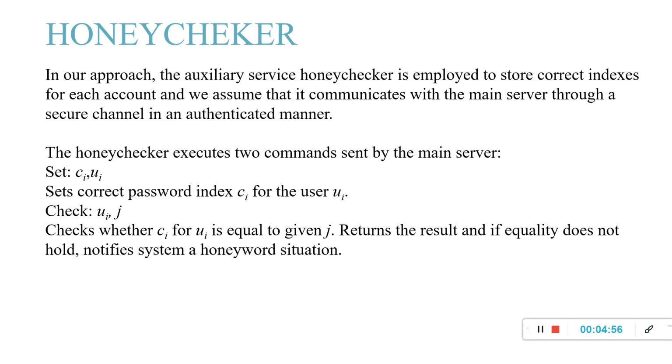The honeychecker executes the two commands sent by the main server, set(CI, UI), where CI is the correct password index for the user UI. Then it checks whether the CI, the real index for this user, is equal to the given J, which is the hash password. If it is right, then it will proceed further. Otherwise, it will notify the system of a honeywords situation.